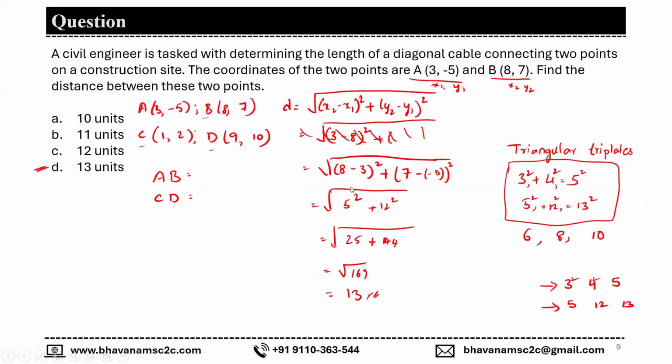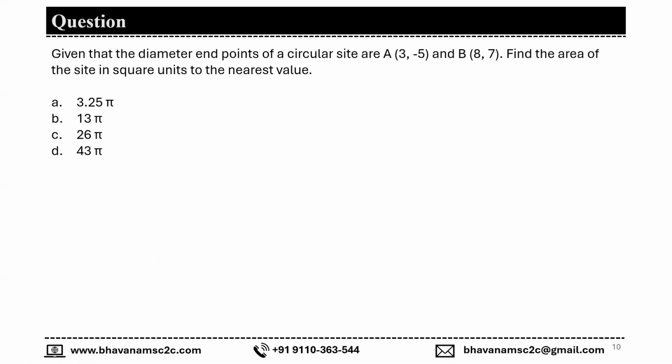So moving to the next thing. These kinds of questions you may see in the exam: given that the diameter endpoints of a circular site are A 3 comma minus 5 and B 8 comma 7, find the area of the site in square units to the nearest value. Some of you might have understood the question, you can solve it.